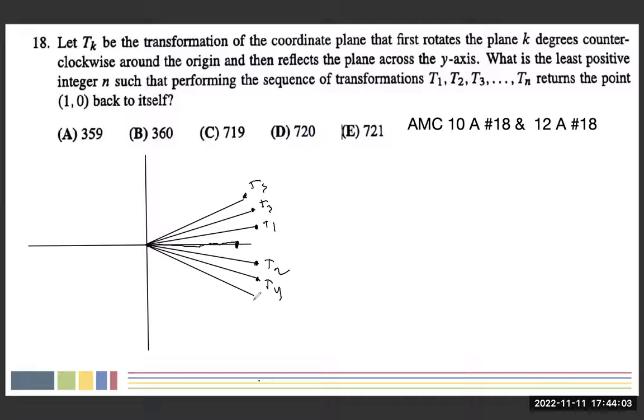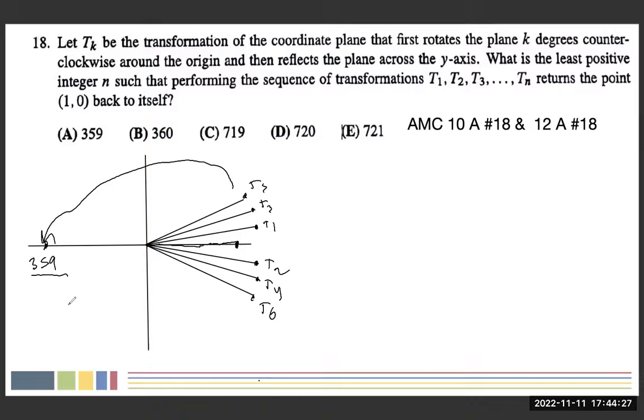T5, here. T6, here. And we're going to continue like this. And the first time we're going to reach 180 degrees is all the way over here, which is, if we count odd numbers 180 times, we're going to end up at 359. But you might be thinking, well, we haven't reached (1, 0) yet.